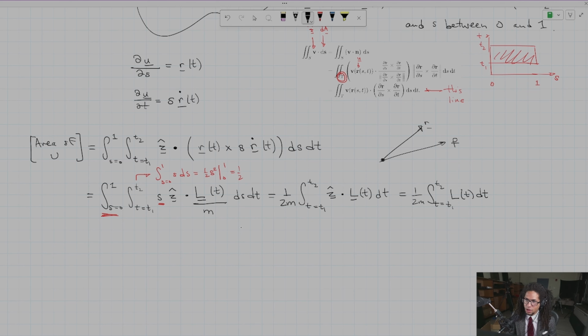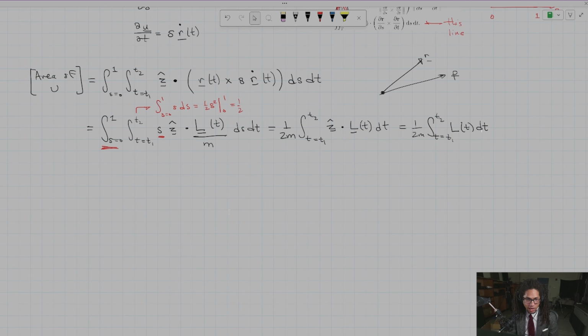Okay, so now I have something here, but how does this give me that these two areas are going to be the same? Well, if I have angular momentum conserved, if I'm working with a system for which angular momentum is conserved, then L is a constant.